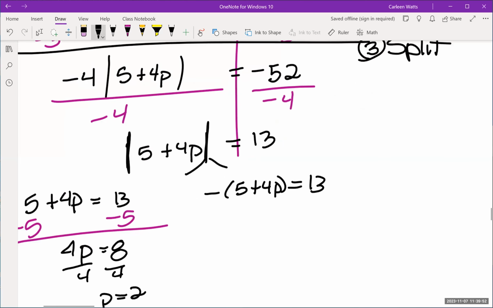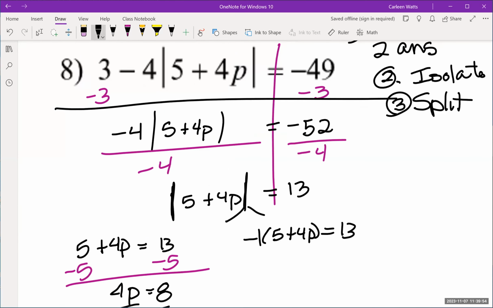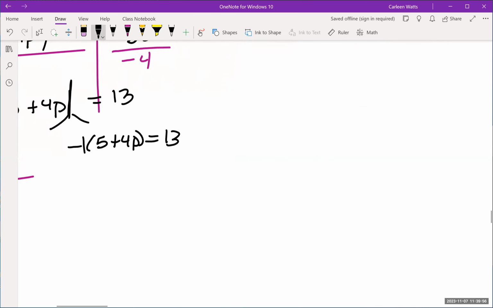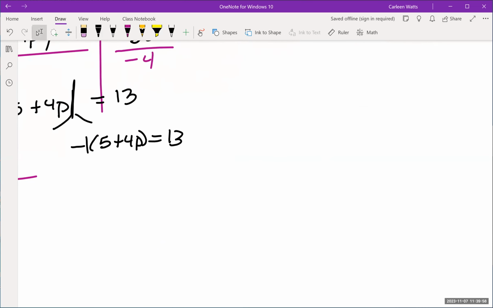For the other one, I could either distribute the negative or divide both sides by -1. Let's divide both sides by -1. 5 plus 4p is equal to -13.